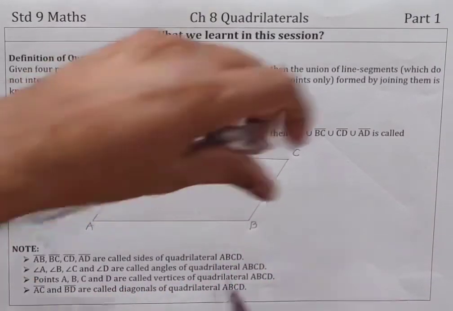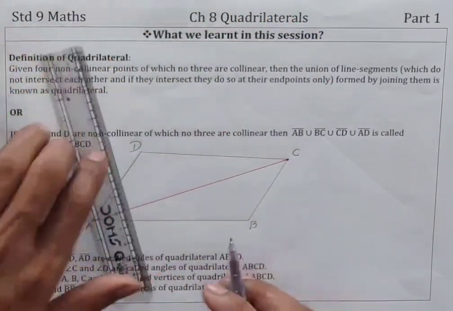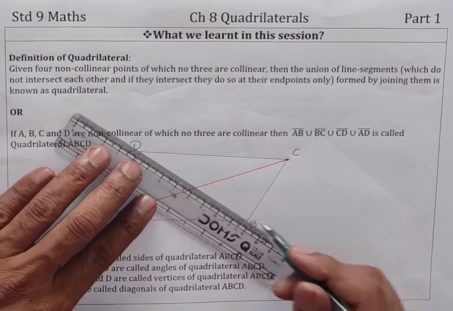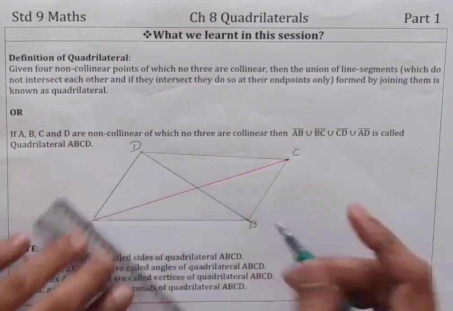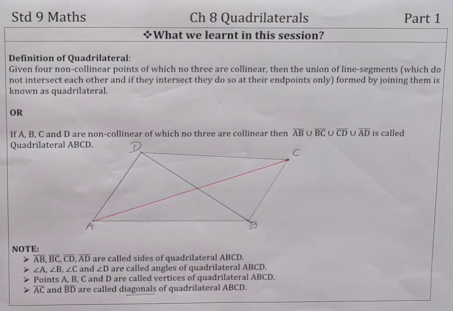And AC, this line segment joining the opposite vertices, the red segment and this green segment, are called diagonals. Children, they are called diagonals, segment AC and segment BD.